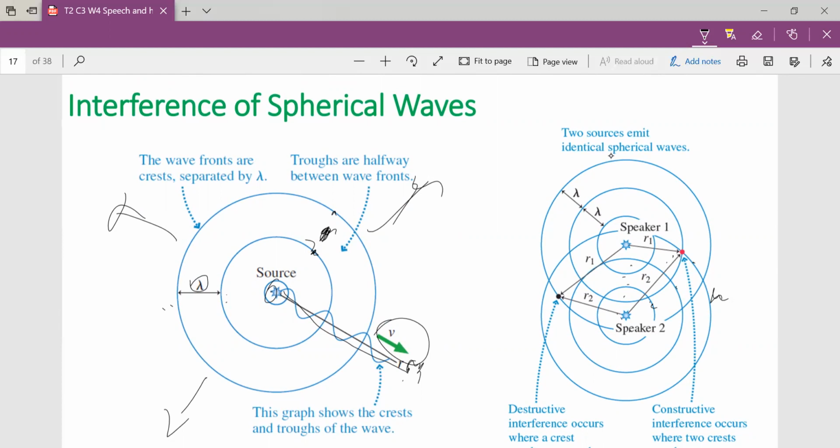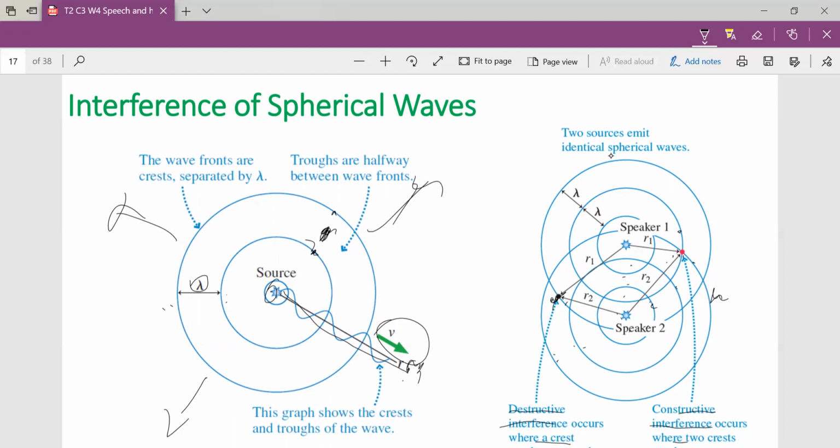Now at this point, the middle point here is the trough. So you see the crest superimposed on the trough, and we'll have destructive interference at that point. But when the crest of speaker 2 is superimposed on the crest of speaker 1, we have constructive interference.